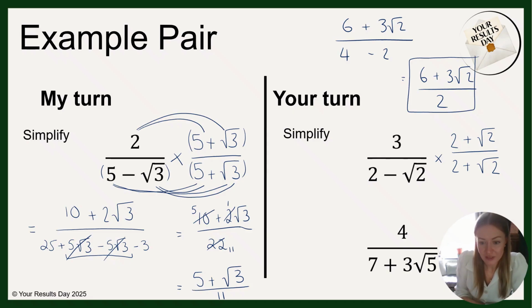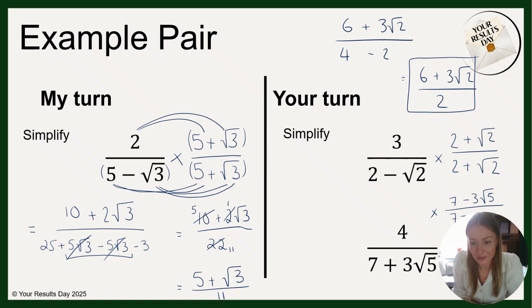And now for this last one, I've put my face in the way. So I'm going to do my little bit of working out up here. I will squeeze it in one way or another. So we're going to be multiplying by 7 minus 3 root 5 over 7 minus 3 root 5. You're going to have to trust me that that's there.